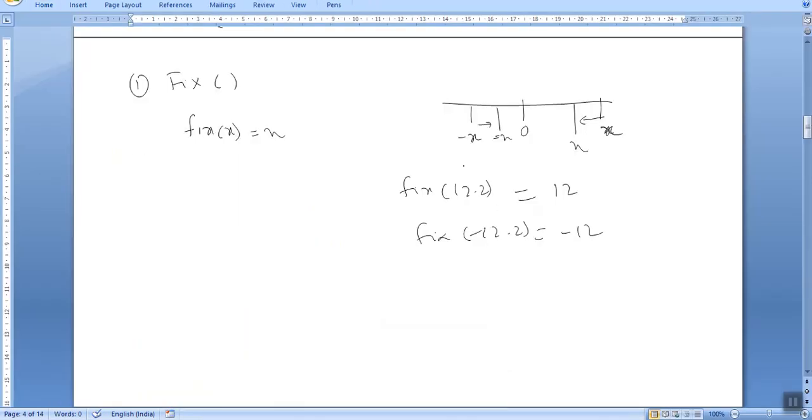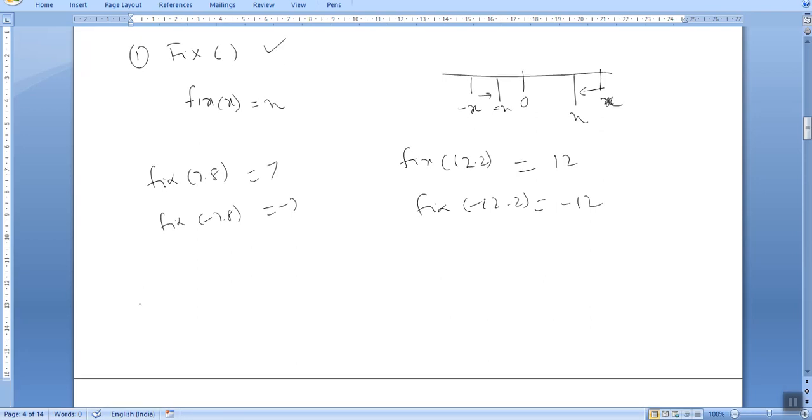So, rounding the number towards 0, not near, towards 0. For example, fix 7.8, rounding towards 0 is 7. Fix minus 7.8 is minus 7. So this is about the fix function.